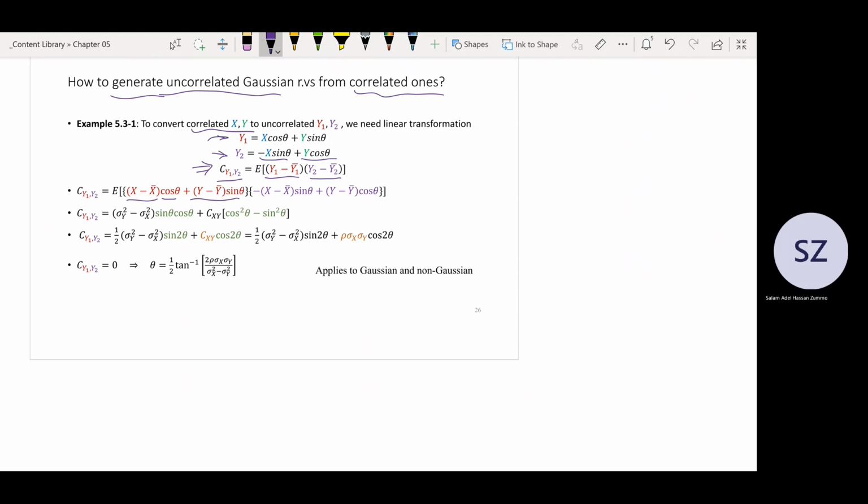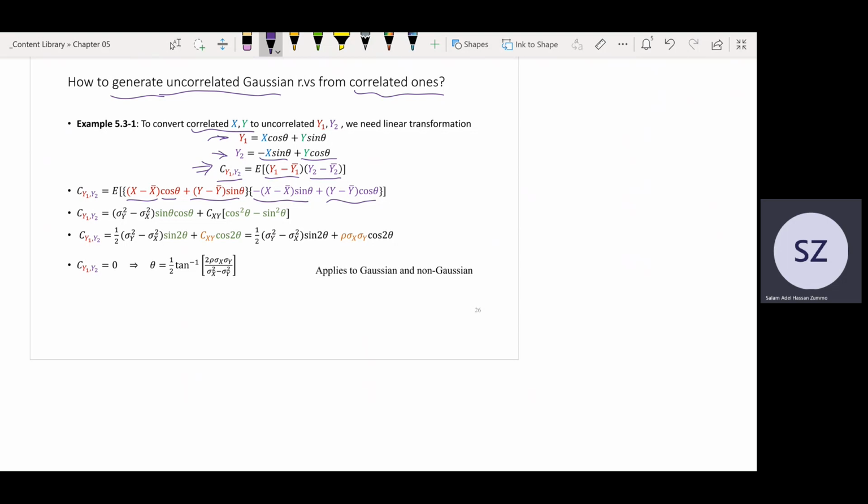Clear? We multiply it by Y2 minus Y2 bar, which is minus X minus X bar sine theta plus Y minus Y bar cosine theta. Now the rest is just arithmetic: open up the parentheses and collect similar terms.